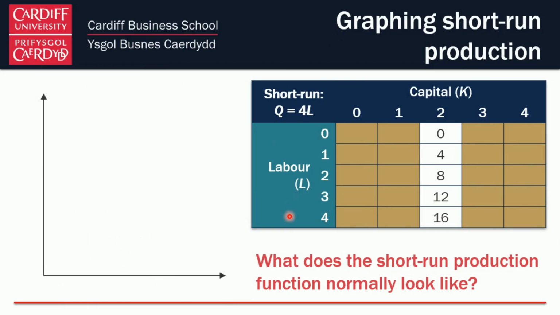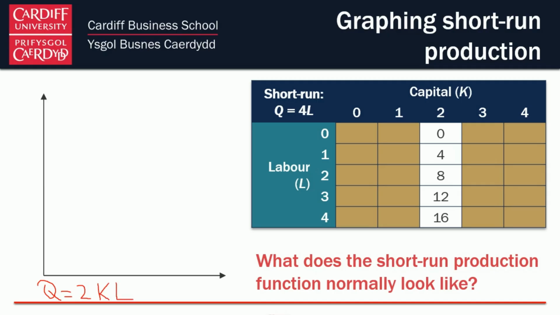Okay, so graphing the short-run production function. Now, this is super easy. All you have to do is understand that in the short run, your amount of capital is fixed at a certain level, and then feed that into the production function. If you remember, the function that we had as an example was Q equals 2 times K times L. I'm just going to go with this particular example.